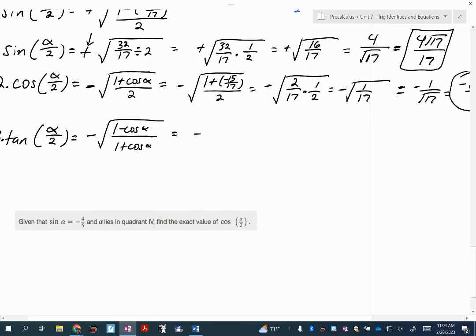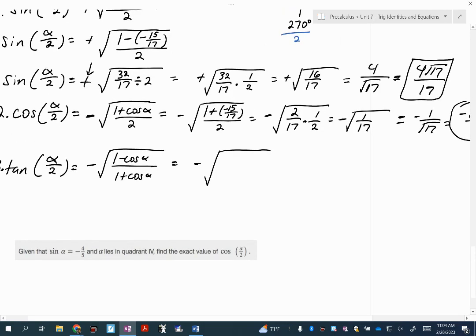Plug in the stuff that we know. We actually did these already. If you remember, we had 1 minus the cosine of alpha, which gave us 32/17 from the first one, divided by 1 plus cosine of alpha, which gave us 2/17, 17/17 plus negative 15/17, which is 2/17.